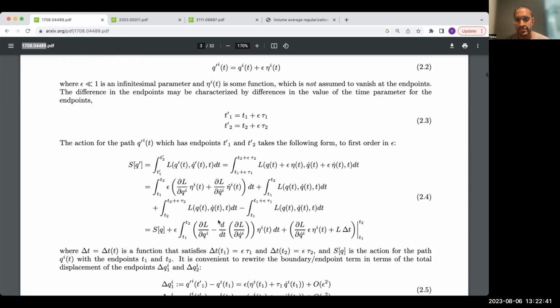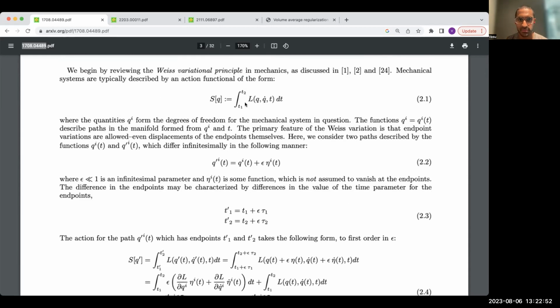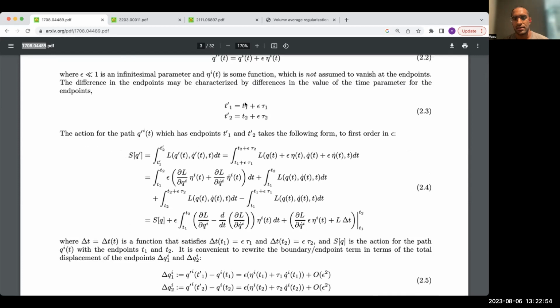And the net effect of this is that in addition to our standard Euler-Lagrange term, we're going to have the following on the boundary, because this is just an integral over time in the mechanical example. And the boundary is just the evaluation of the integrand at the endpoints.